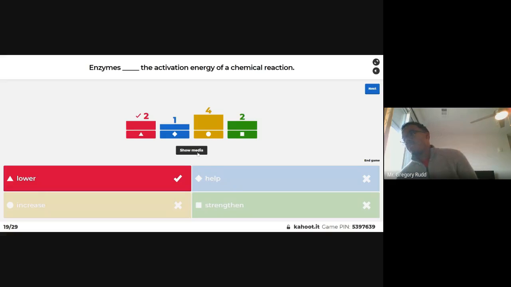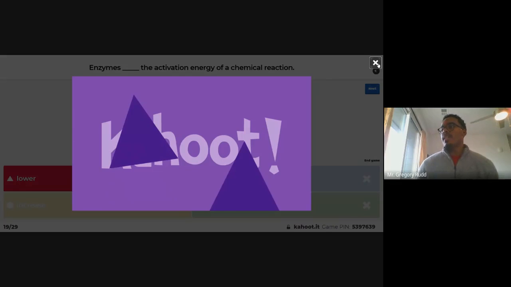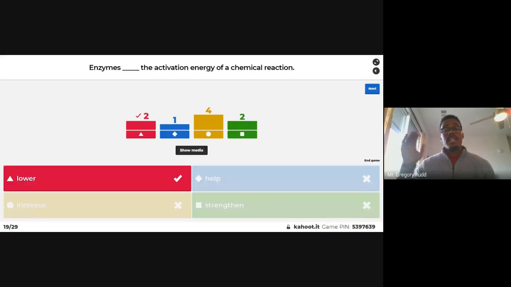Okay, that one got a few of you. Well, we didn't have an image, but enzymes speed reactions up by lowering the activation energy. It would be like lowering a hill that you're trying to run up. If you lower it, it's not going to take you as long, nor will it take you as much energy to get there. So you've got to lower that hill. That's what enzymes do.